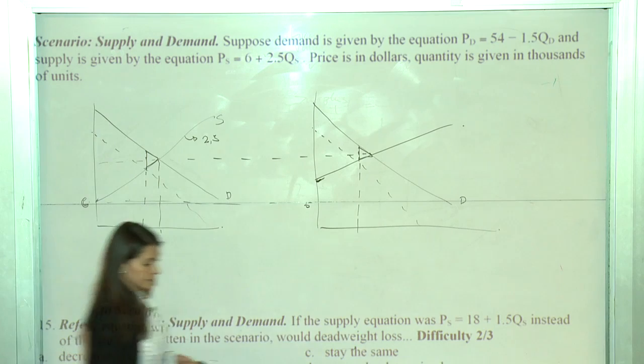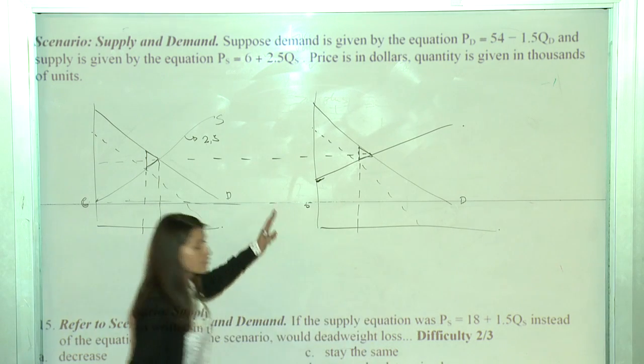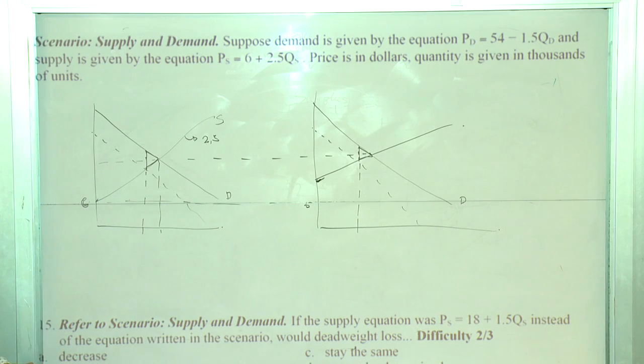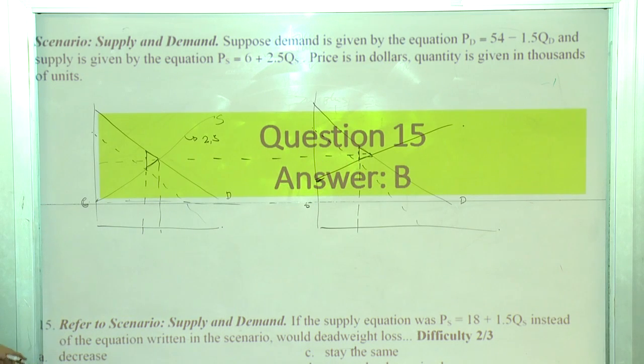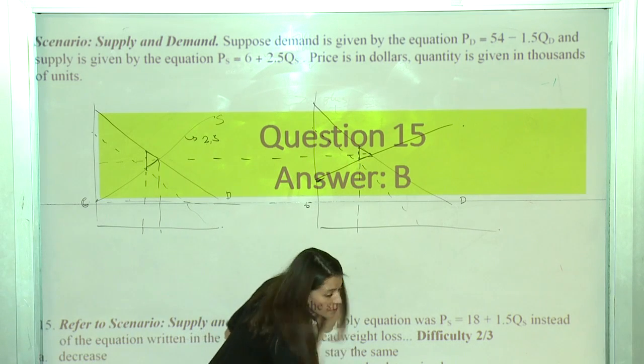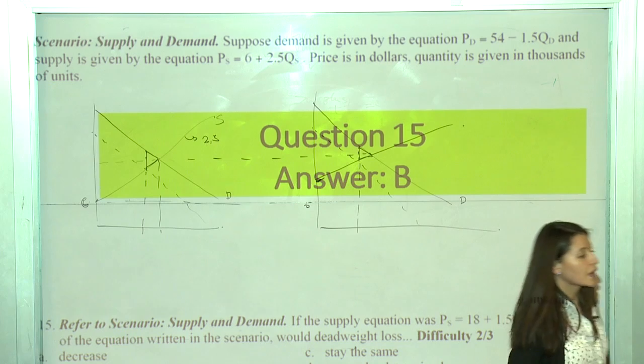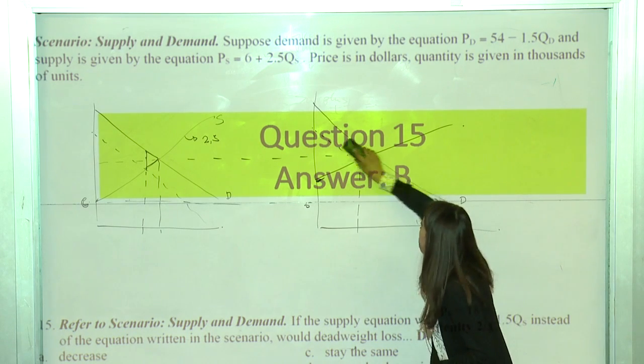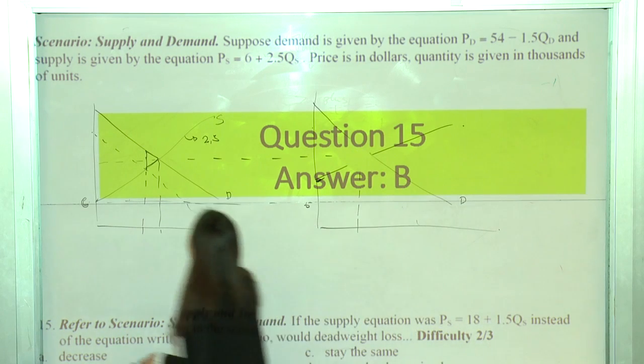Decrease. Because my supply function is flatter, right? Okay. Keep the tax the same. If you keep the tax the same, I'm sorry. But that was what I was doing.